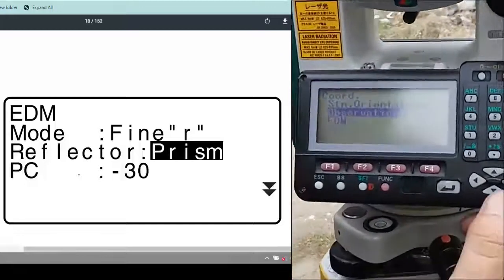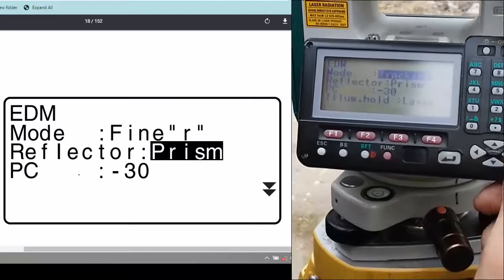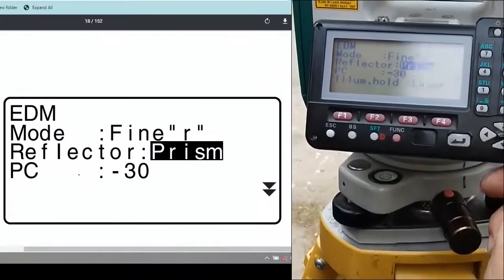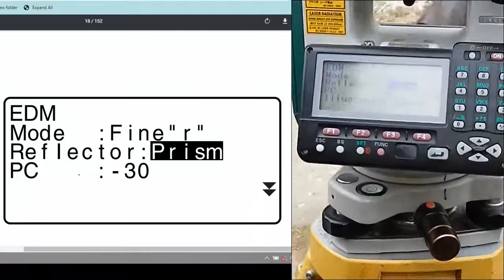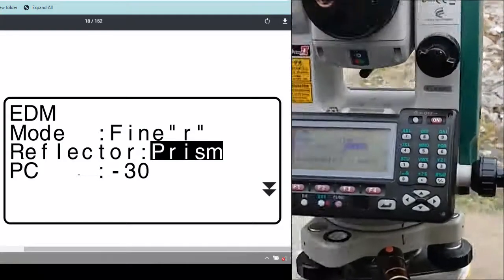Now let's check our prism. For checking our prism, we go to ADM. Here the board should be fine S and the reflector should be prism. Asking one guy to take the prism to a distance. Let's take the observation to find the point where the angle is 0 with the instrument on the north direction.